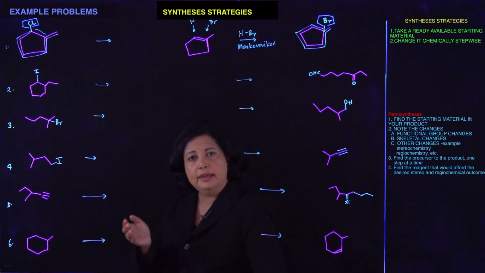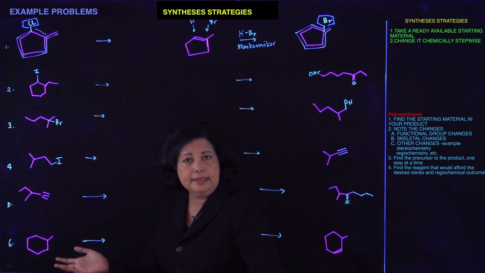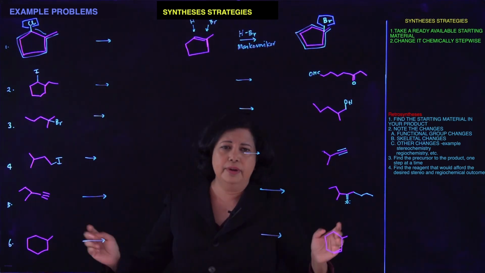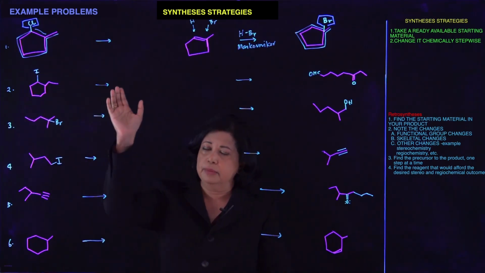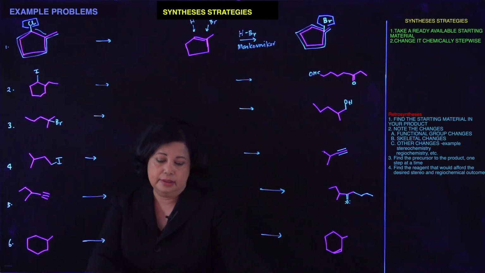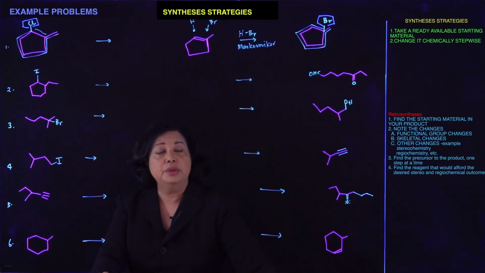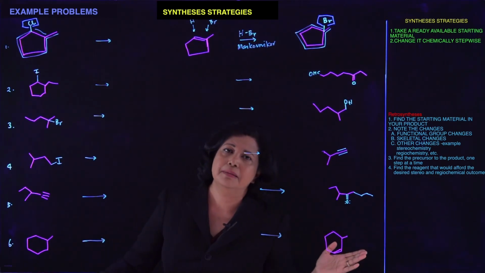We want to get clean, regio-selective, stereo-specific reactions to enhance our yield. We don't want to have 25 side products and spend half our life in lab trying to put them through a column and separate them. That can really drive you crazy. So you really want to make something that's going to go one shot as much as possible.